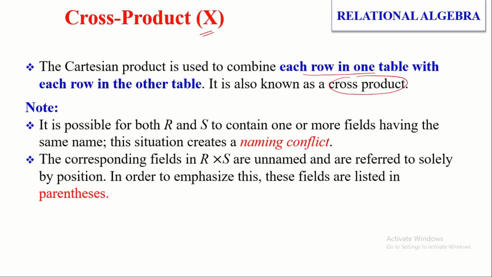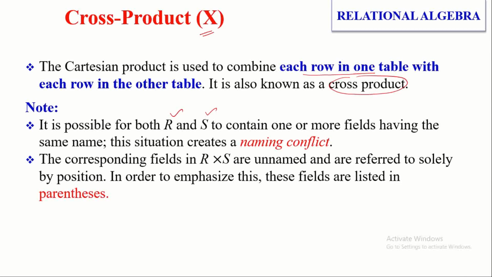Okay, here whenever we do the Cartesian product or cross product, the input tables R and S may contain one or more fields having the same name. So whenever they are combined, a naming conflict may occur.